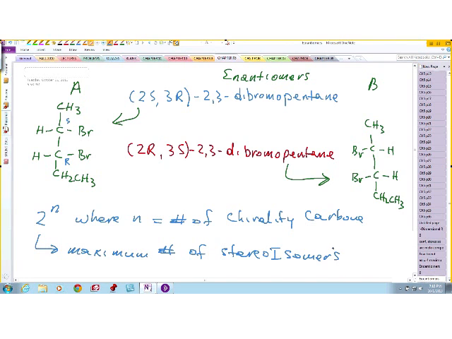You use the formula 2 to the n. So based on that formula, what is the maximum number of stereoisomers obtainable from molecule A? 4, right?